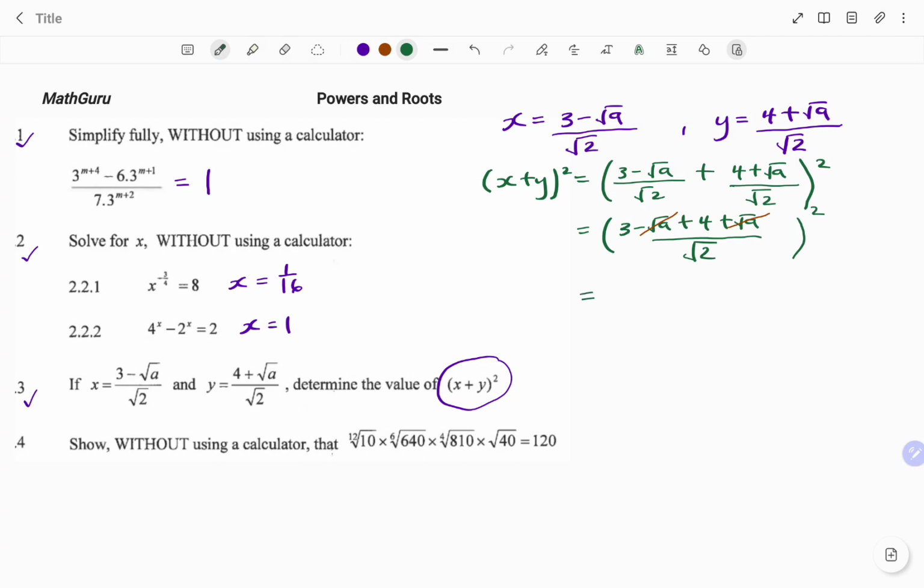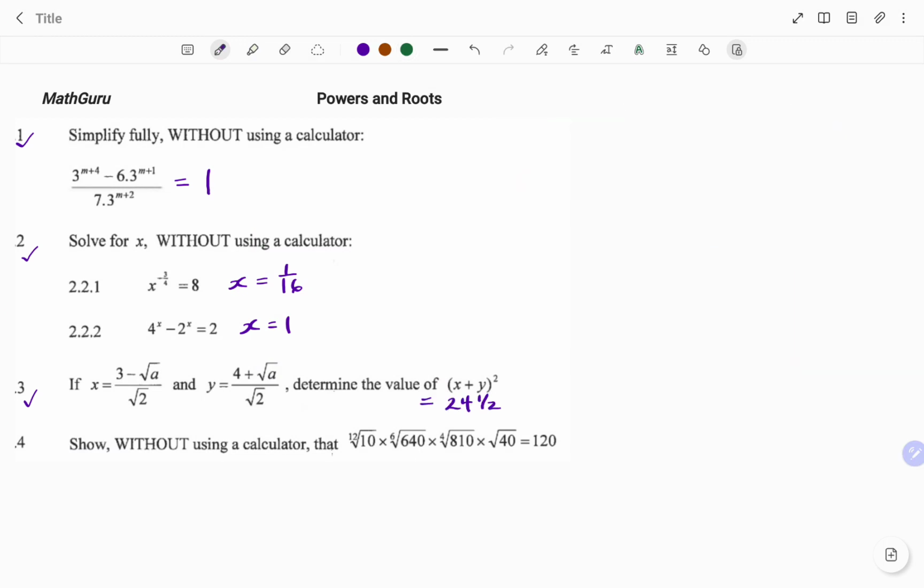I'm left with 3 plus 4, which is 7, over root of 2, all squared. Therefore, x plus y all squared will be 7 squared, that's 49, divided by root 2 all squared, that's 2. I can simplify further and write it as a mixed number, that's 24 and 1 over 2.